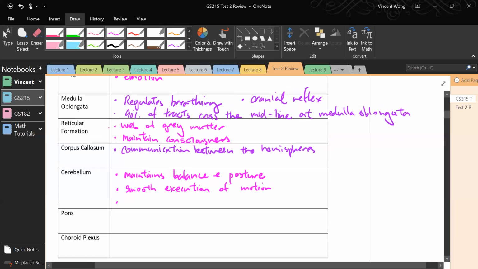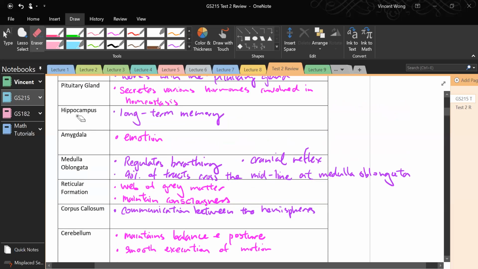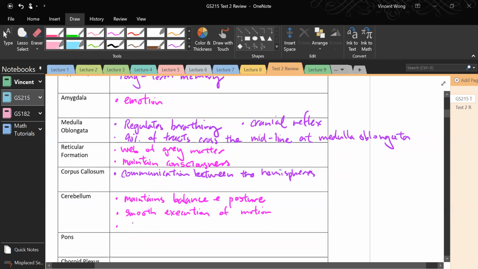Yeah, long-term memory is stored in the hippocampus. Remember, the hippocampus means the seahorse looking structure, right? So that's the long-term memory. All the factual stuff, your multiplication tables and all that stuff, that's in the hippocampus. But the cerebellum is for skill memory, or muscle memory, right?